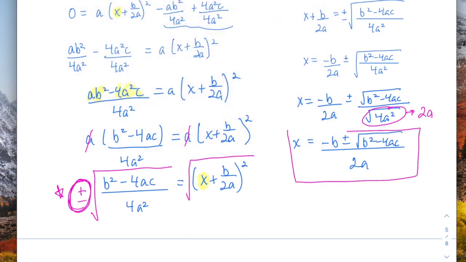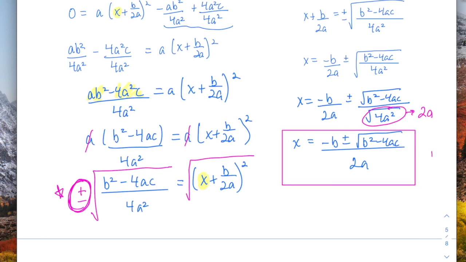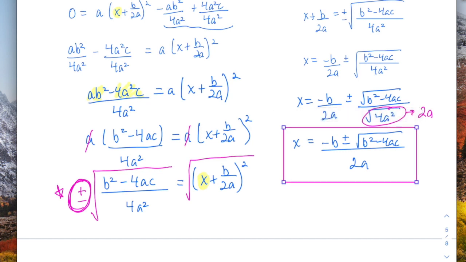This is the quadratic formula. And what you'll notice is that there are two answers here for x, two different x values that will make the function ax squared plus bx plus c equal to 0.